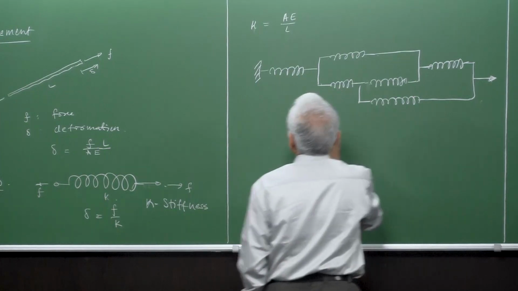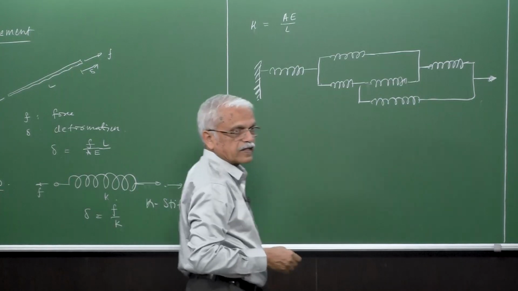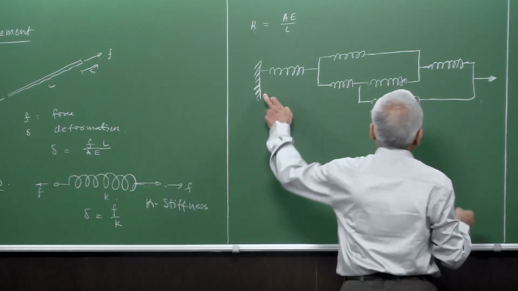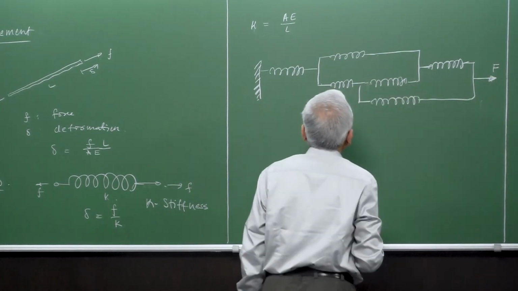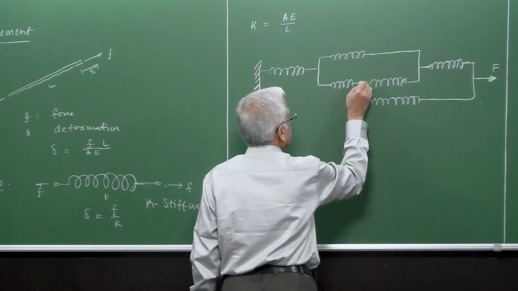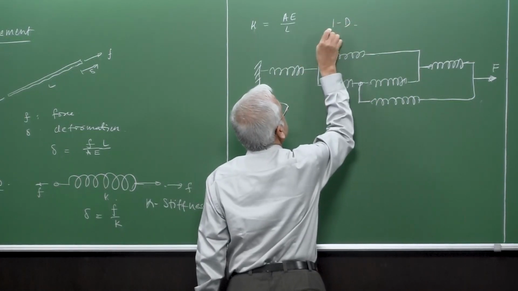At this end, it is connected to a rigid support, and at this end you have an external force like this one. Here, this is a one-dimensional structure. This is one-dimensional in nature.